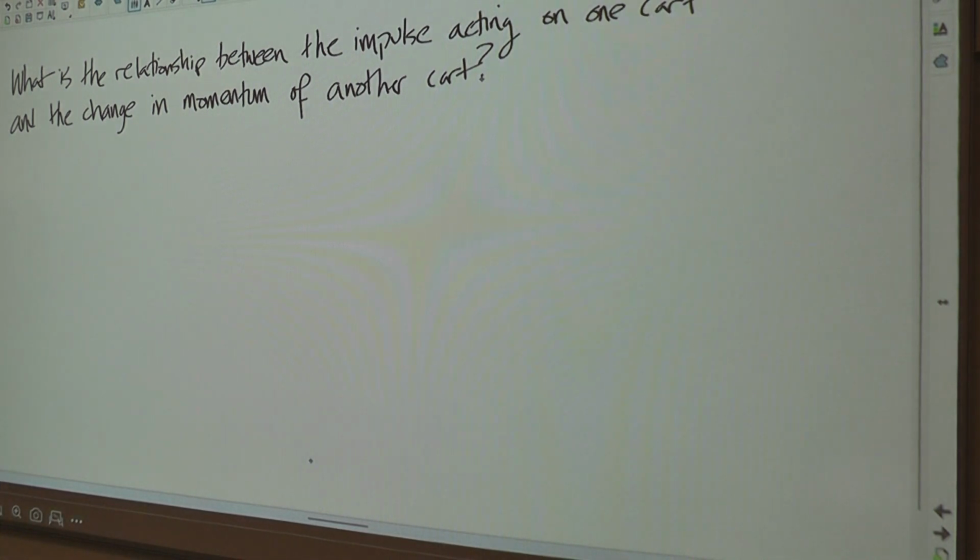And so in order to figure this out, we have to be able to calculate impulse on one cart. We have to be able to calculate change in momentum for another cart. That means we've got to make some measurements.